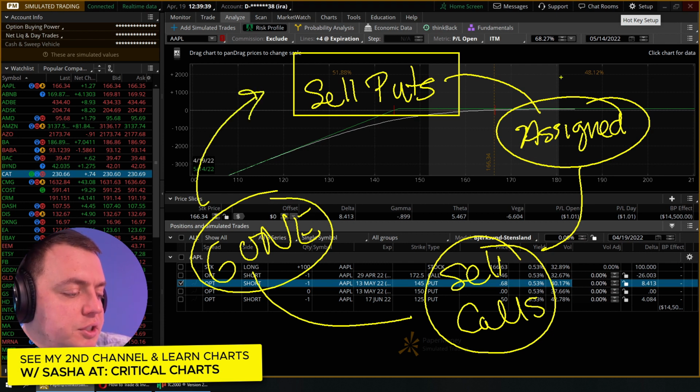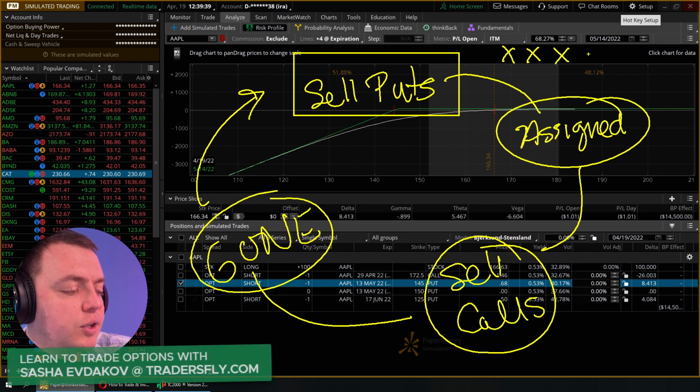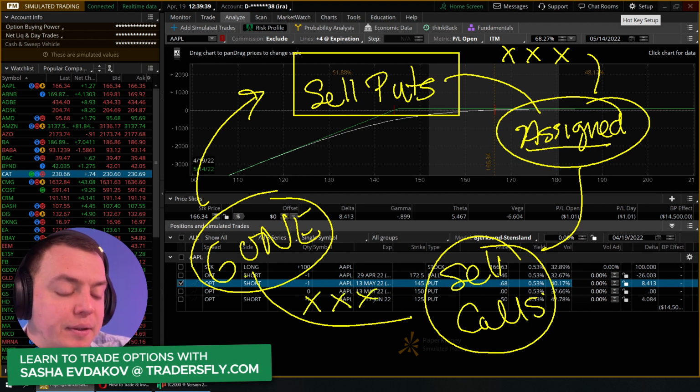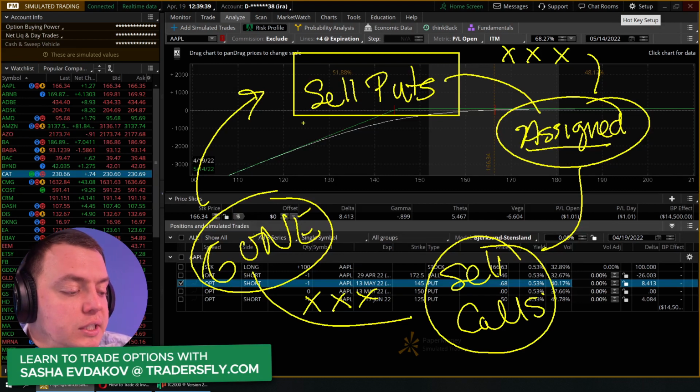You might do this once, twice, 3 times, and then you get that assignment by selling the puts. Once you get the assignment, you can sell calls, and you might do it once, twice, 3 times, and then by maybe time number 5, 7, that stock will be gone and you could go back to selling puts.